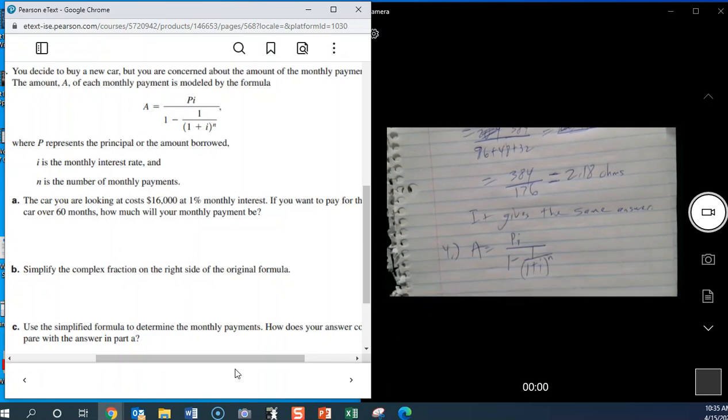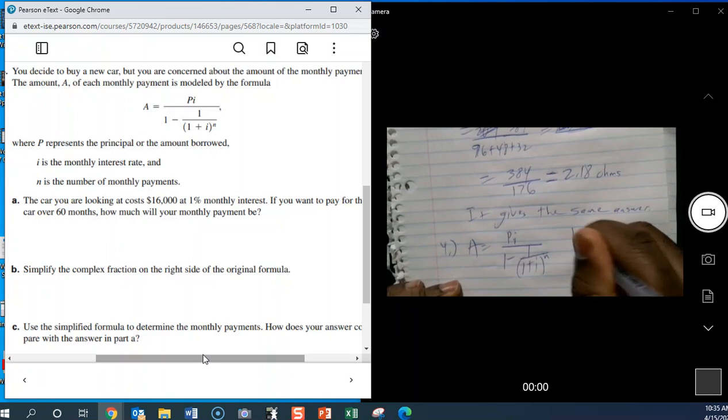Okay, it says I is the monthly interest rate, and N is the number of monthly payments, and P represents the principal or the amount borrowed. The car you are looking at costs $16,000 at 1% monthly interest. If you want to pay for the car over 60 months, how much will your monthly payment be?